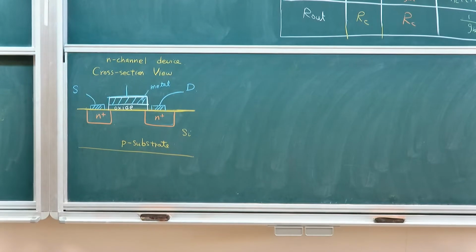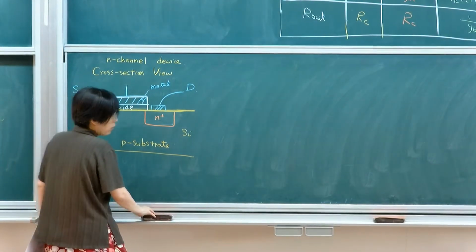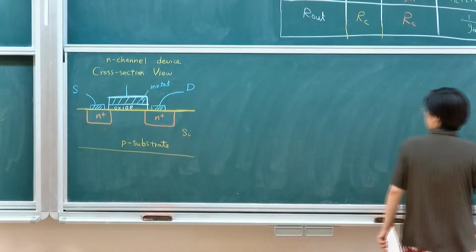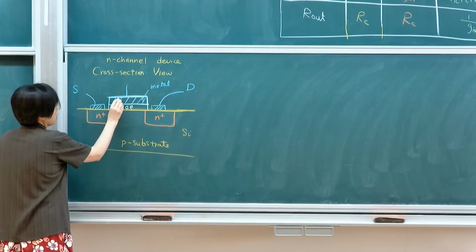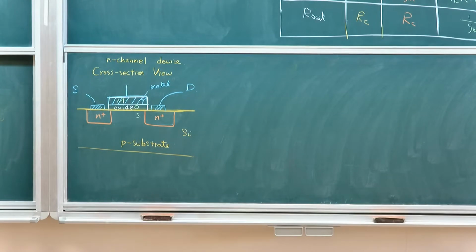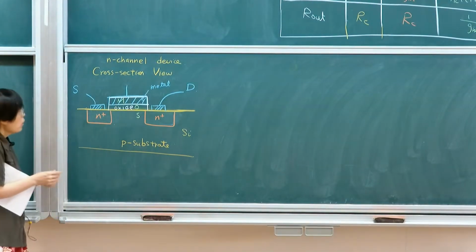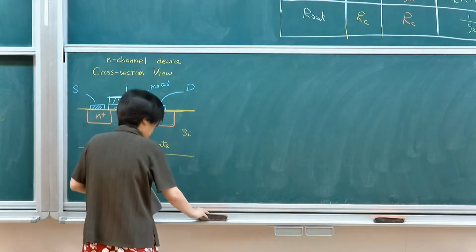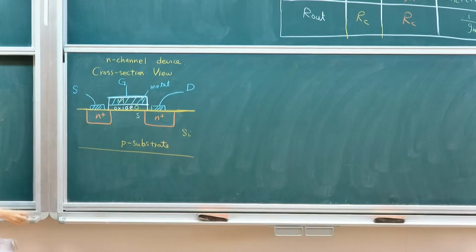So I'm constructing my MOS right here. So you have the MOS structure to induce a channel, and the channel is being connected out through these two terminals. And we control this field effect by terminal gate.